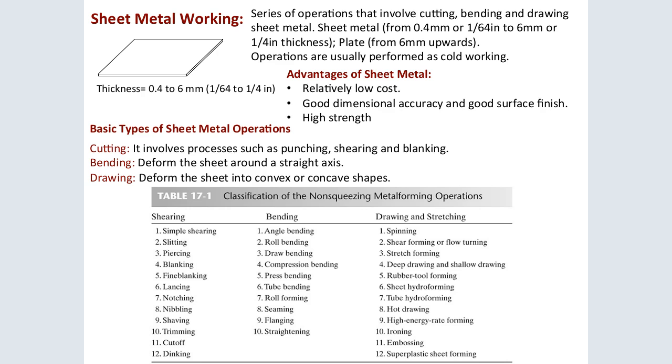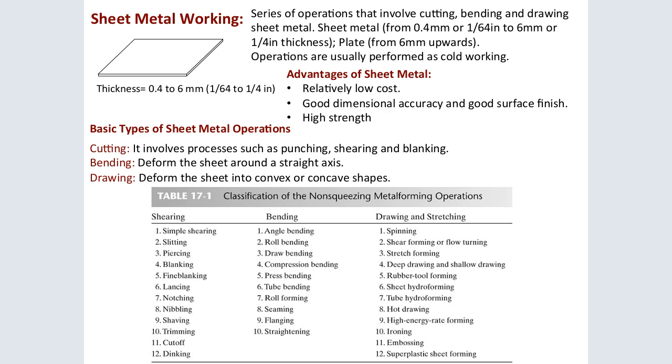So cutting involves processes such as punching, shearing, and blanking. Bending involves deforming the sheet around a straight axis, and drawing involves deforming the sheet into convex and concave shapes. So those are the classification of the non-squeezing metal forming operations.